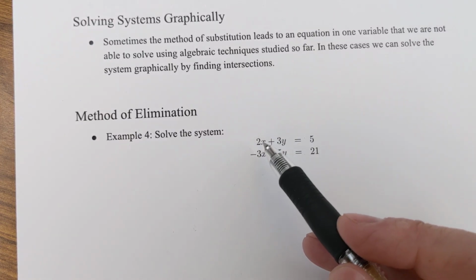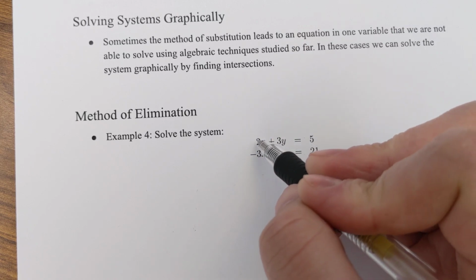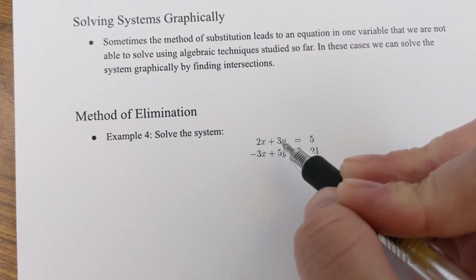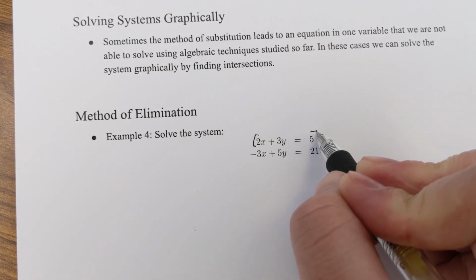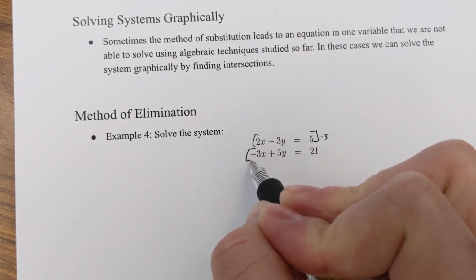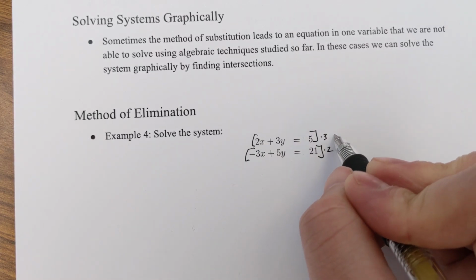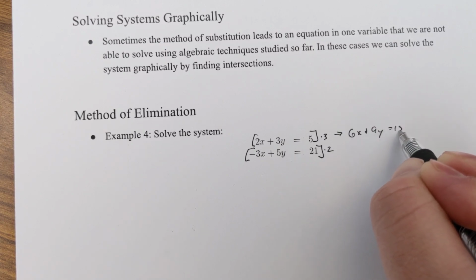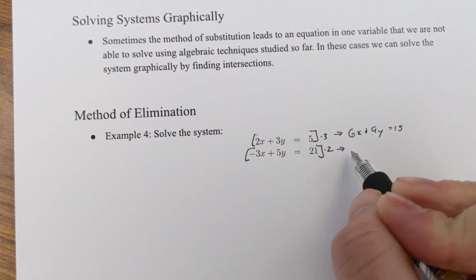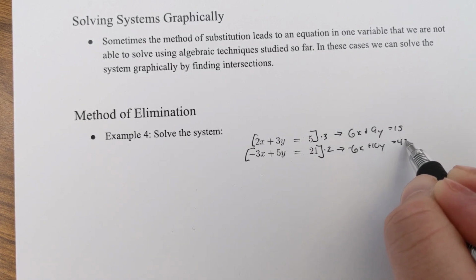In this one, my x's are already opposites, but the number part has to be the same, which means I need to multiply my rows by something. So if I multiply the top row by 3 and the bottom row by 2, I'll have 6 and -6. So this equation becomes 6x plus 9y equals 15. This equation becomes -6x plus 10y equals 42.